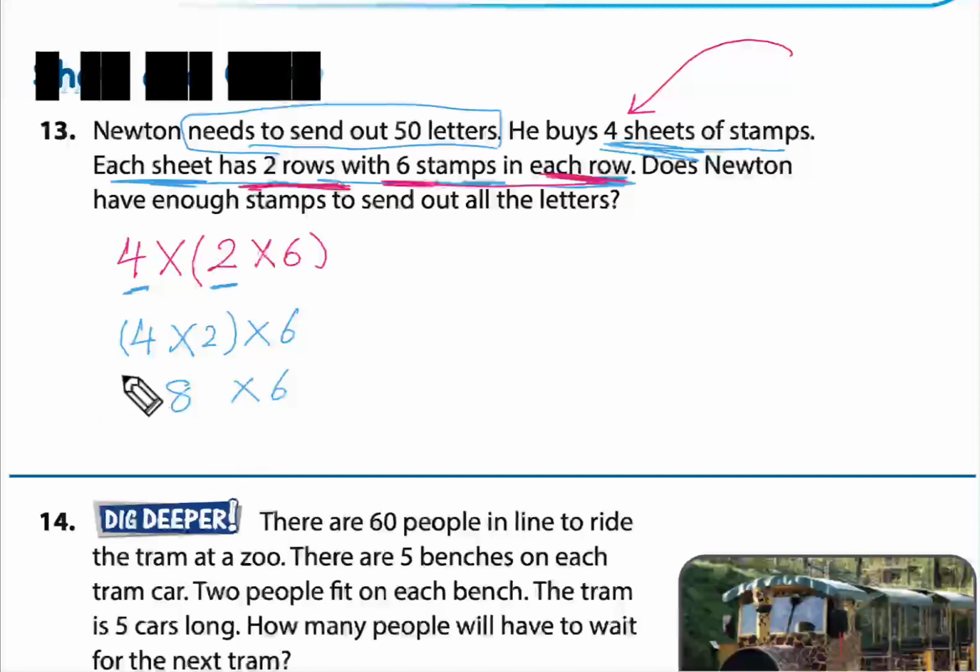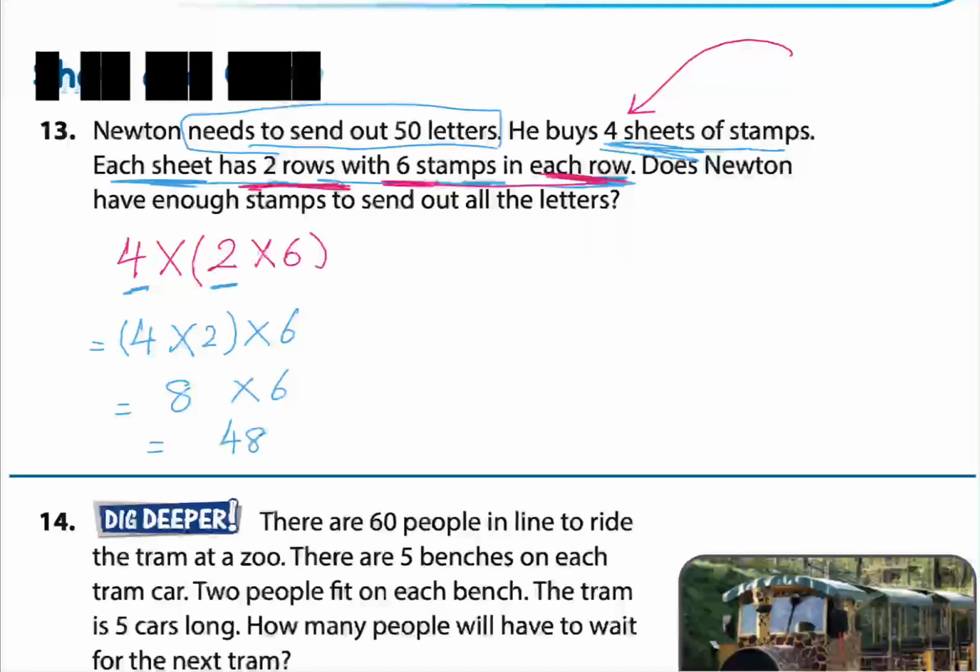And 8 multiplied by 6 equals? It's 48. So he has 48 stamps. And the question is asking, does Newton have enough stamps to send out all the letters?